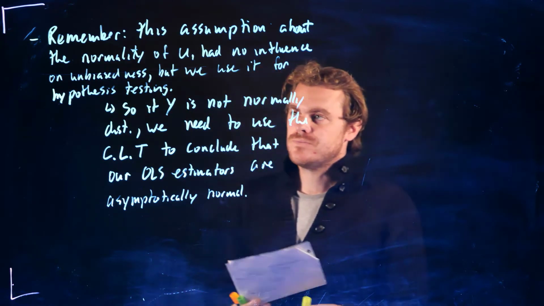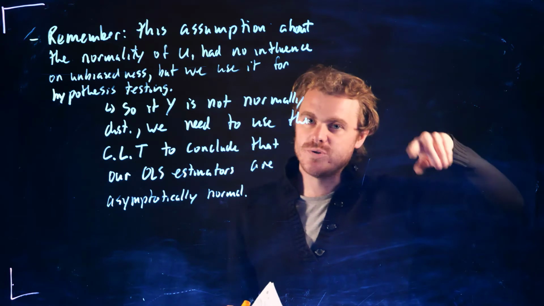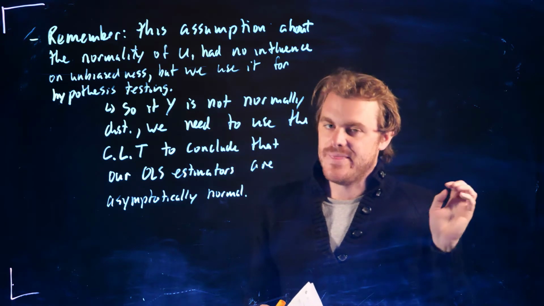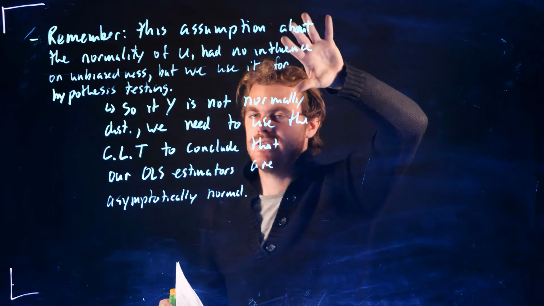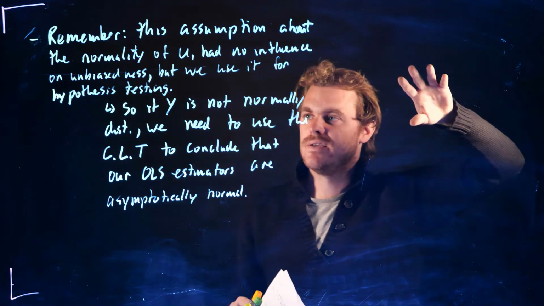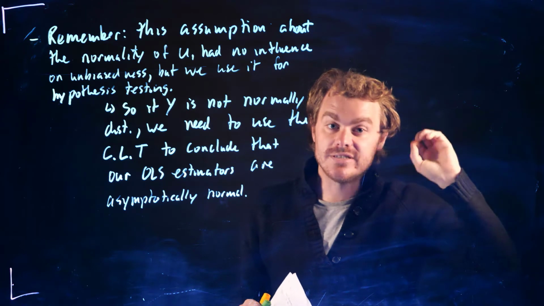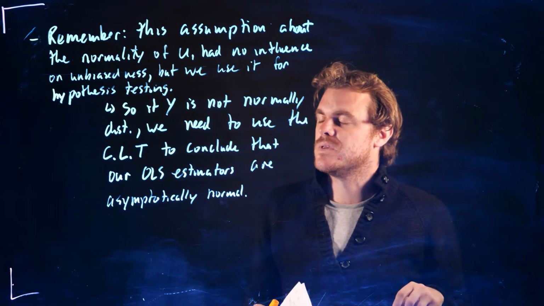So we made this assumption that the u's were normally distributed, and this implied that the y's were normally distributed. Remember, this had nothing to do with unbiasedness; it had to do with hypothesis testing and understanding the distribution of our estimators.